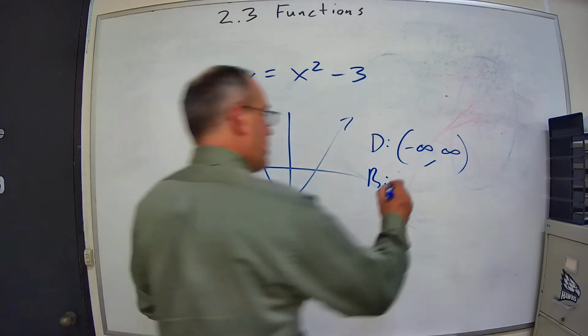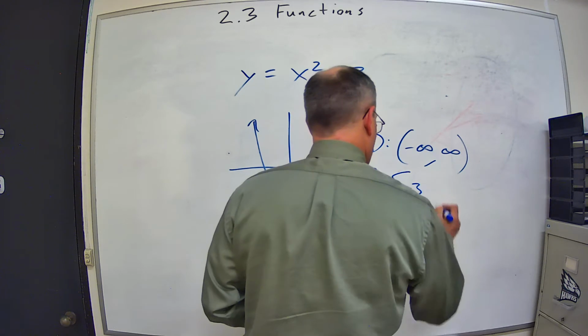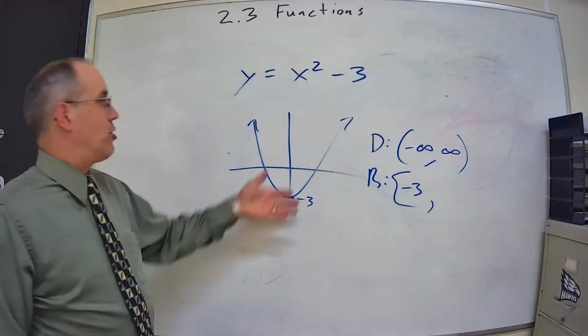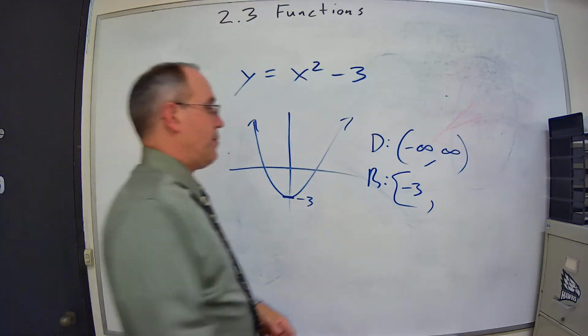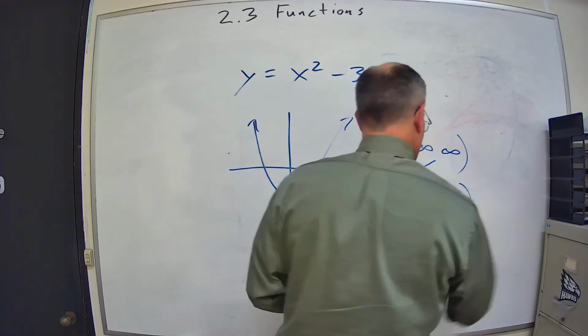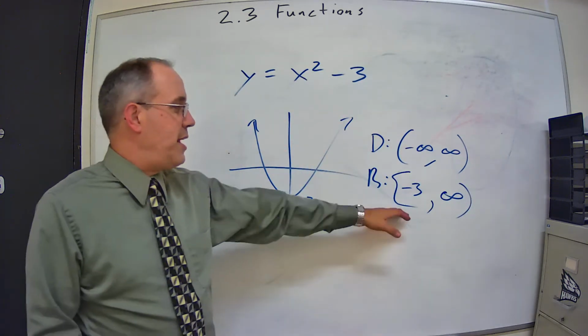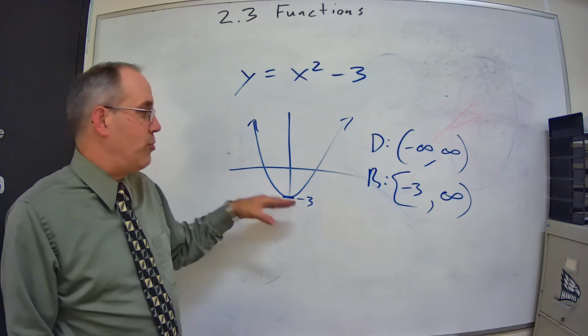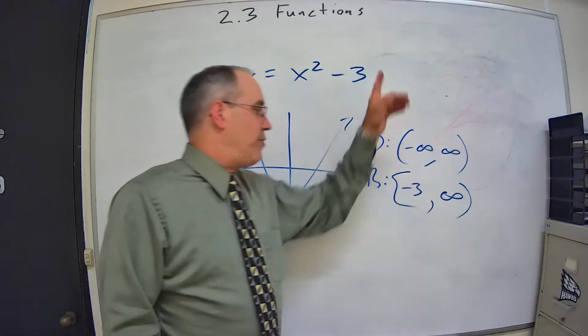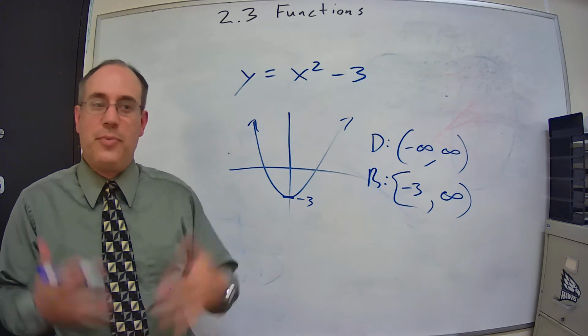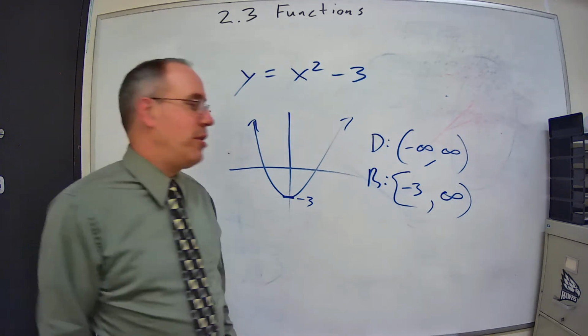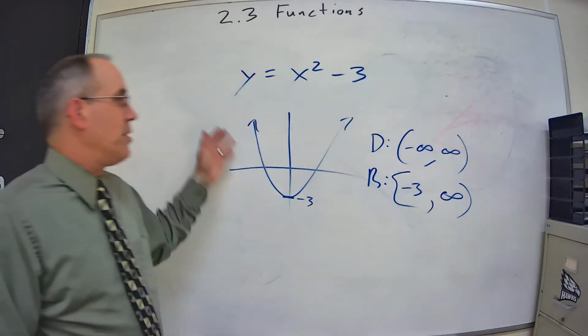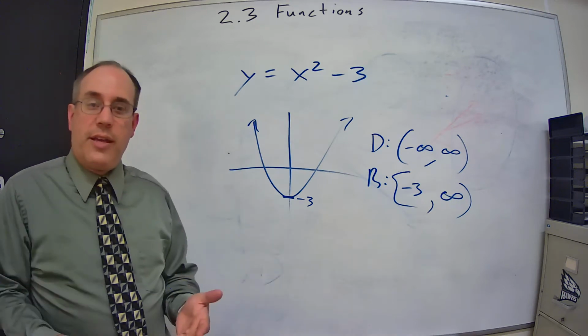So it starts at negative 3 and goes up forever to infinity. So it's negative 3 inclusive, because it starts at negative 3 and includes negative 3, up to infinity. Infinity is not included because it's just a concept, not a real number. So that's how we can get the domain and the range.